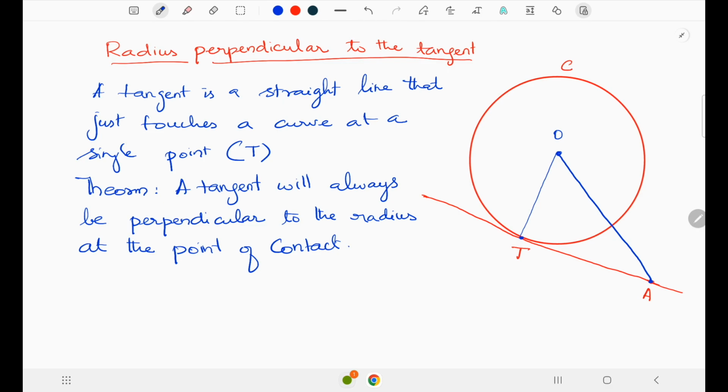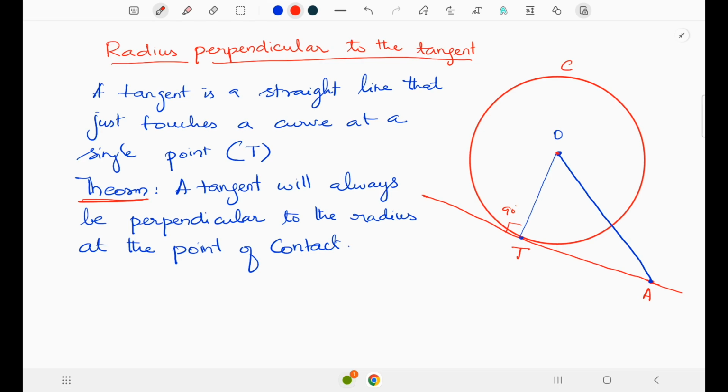Okay, this is the theorem. If we draw a radius to the point where the tangent touches the circle, the radius will always be perpendicular. This is 90 degrees, always perpendicular. This is the theorem, right? So keep in mind, a tangent will always be perpendicular to the radius at the point of contact.